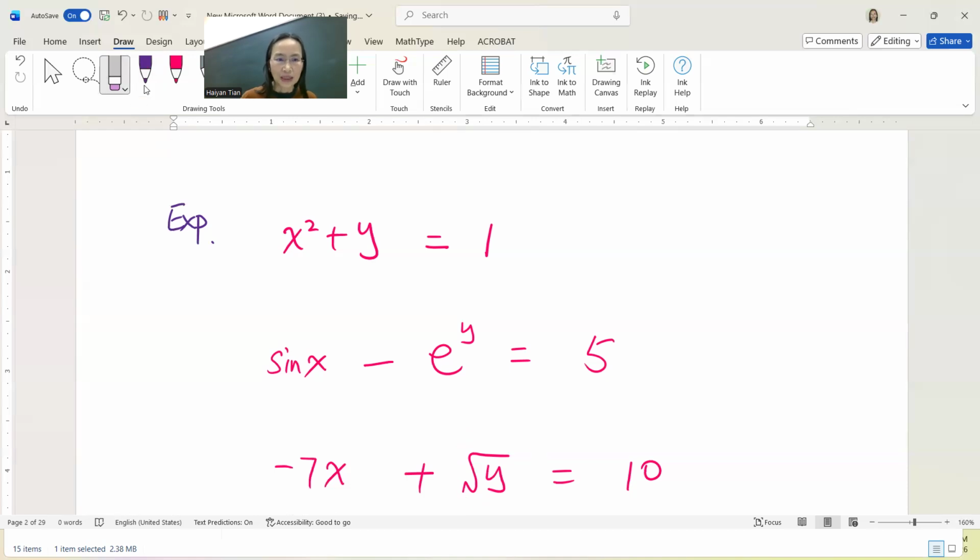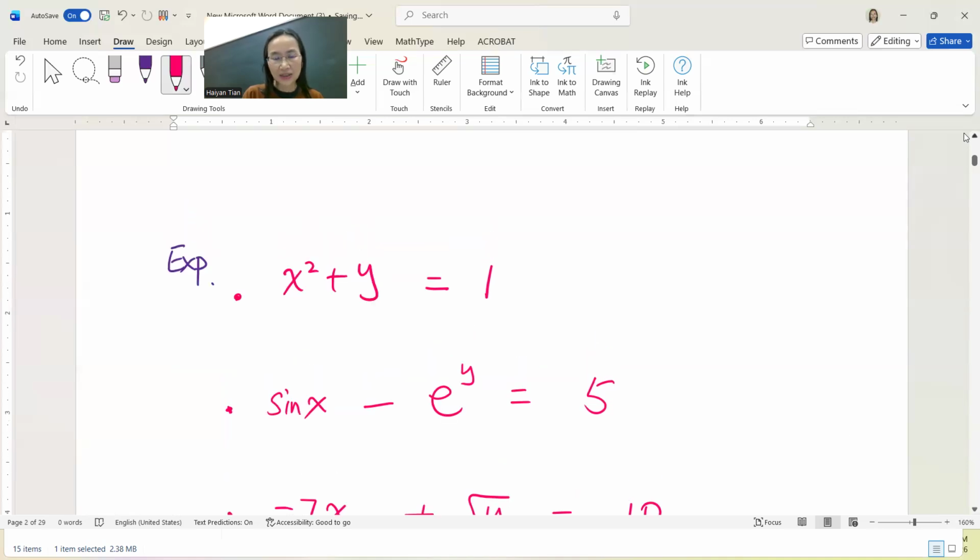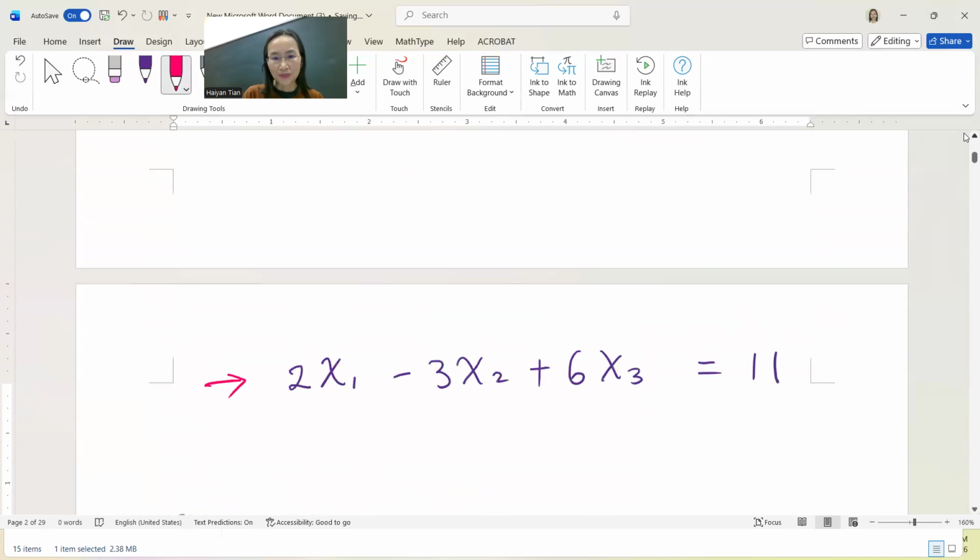So now we want to give a precise definition. What is linear? So you see three examples that are nonlinear equations because of certain nonlinear terms. And by looking at the linear equations, what are the features?